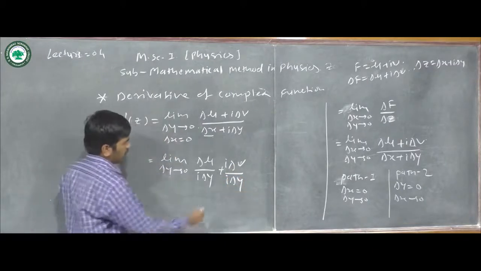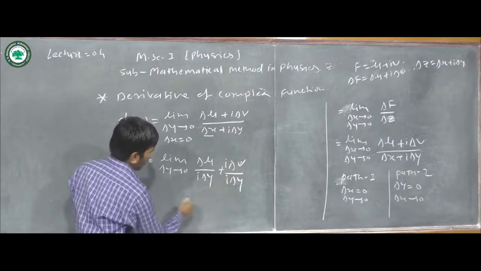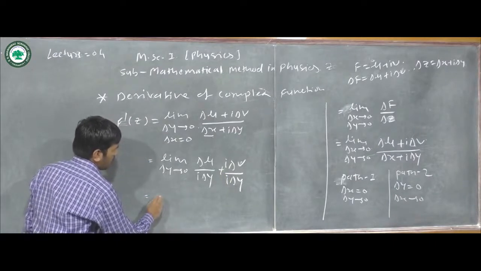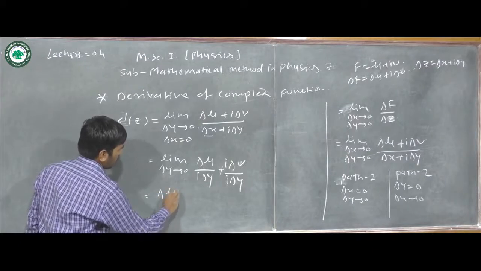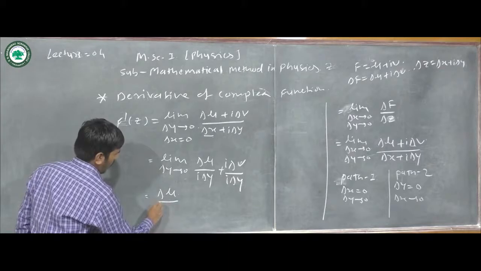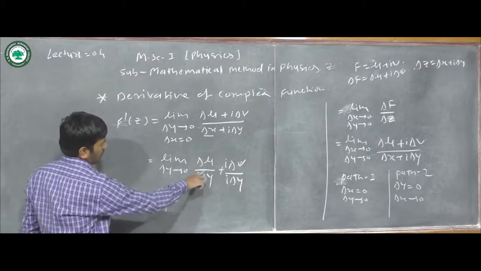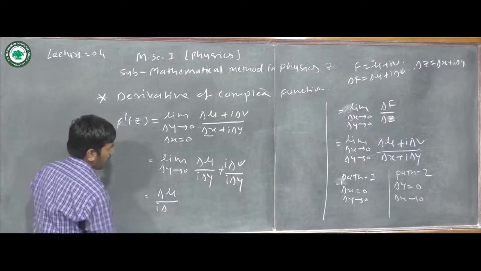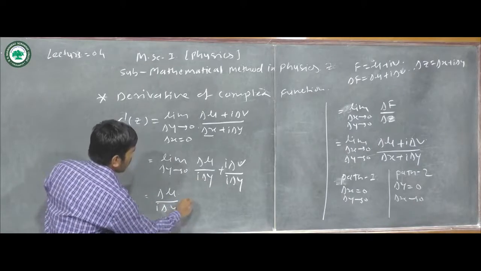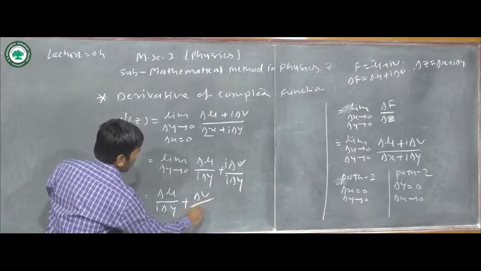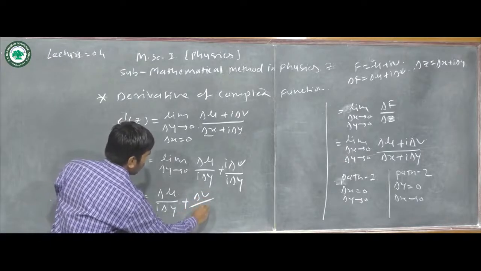Okay, so this iota cancels and after applying the limits we have ∂u/∂x times iota into ∂u/∂y, so this is y plus ∂v/∂y.